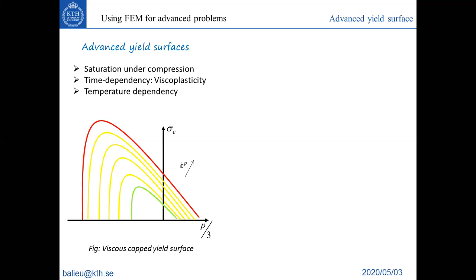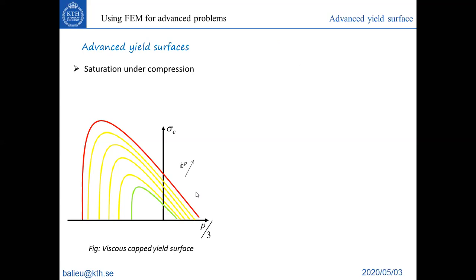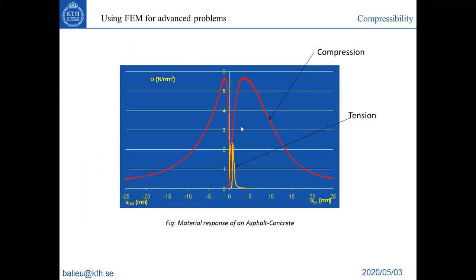You can also have temperature dependency on the yield surface. So the topic of selecting a good yield surface for a complex material is very, very complex. For characterizing, as we discussed, you can use a 1D test to identify the tensile test and compression test.